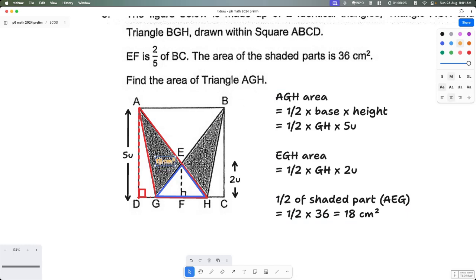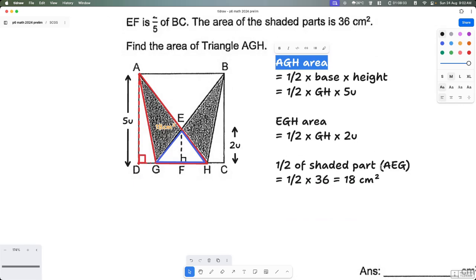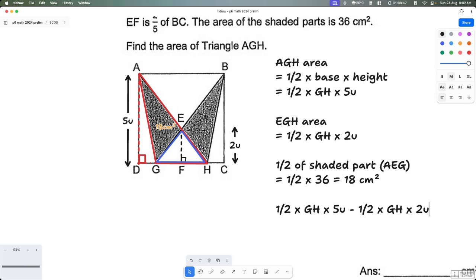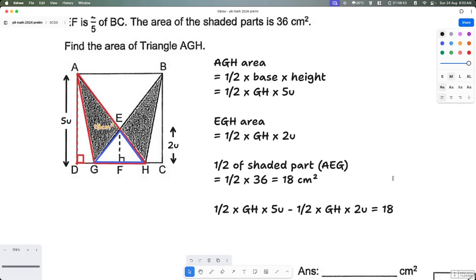So this 18 centimeters square is basically this AGH area, this red triangle, minus a small one. So let's do that. Half times GH times 5 units, minus half times GH times 2 units, is equal to 18.